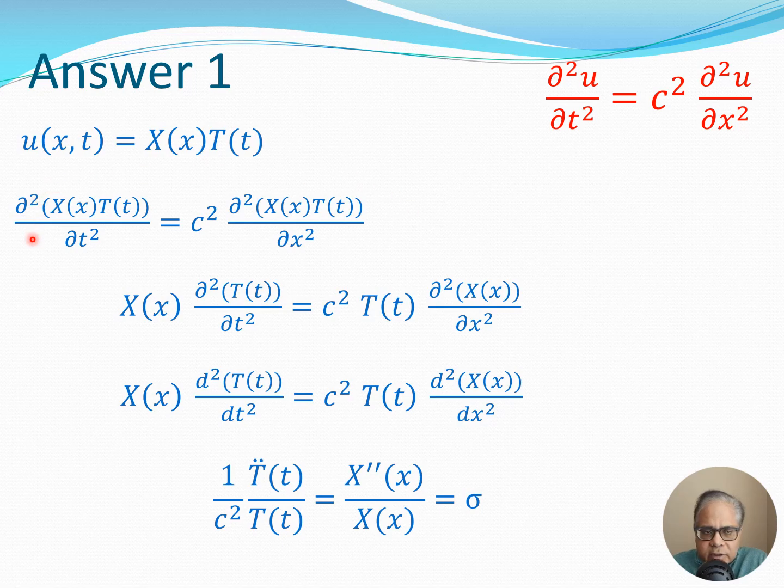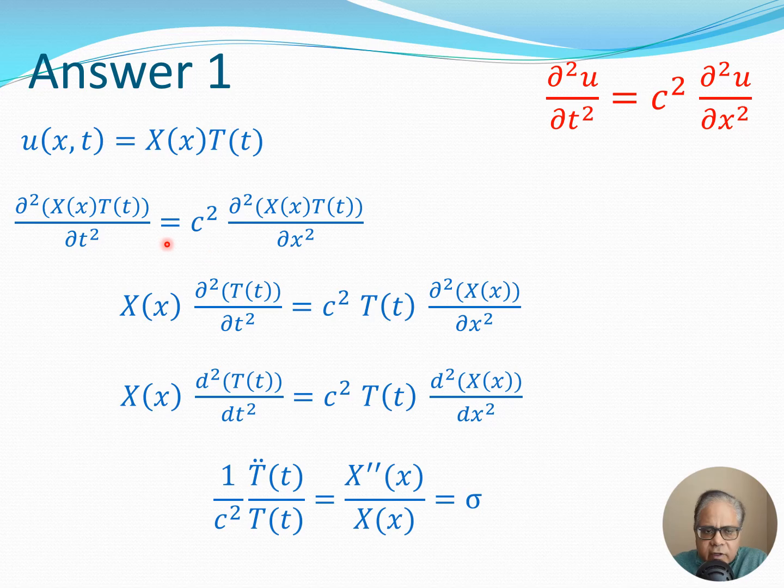On the left hand side, you have differentiation only with respect to t. So we can pull out the X term and leave only the T term inside the derivative signs. Similarly, on the right hand side, we can pull out the T term and leave only the X term inside the derivative, because here the derivative is only with respect to x.